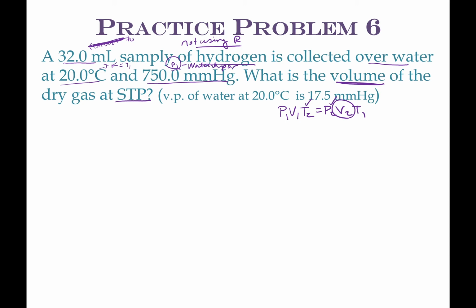So let's get the pressure of the gas itself. We're going to take the pressure of the atmosphere minus the pressure of the water. In order to get the pressure of the gas, we take the 750 millimeters of mercury, and that should have a decimal place, which will be important in a minute, so I better put it in there.